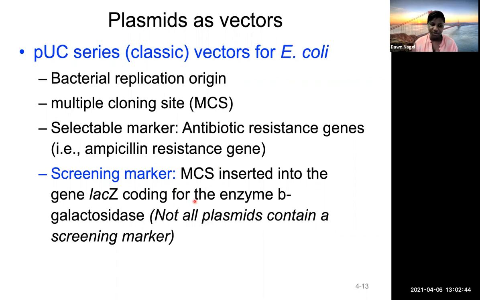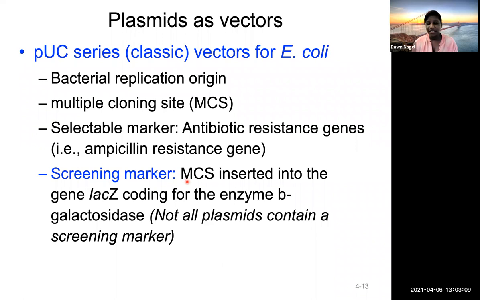In addition, what's also present on this vector is a screening marker. So a screening marker is important if you want to know whether or not your piece of DNA has inserted into the region that you want it to be in, okay?